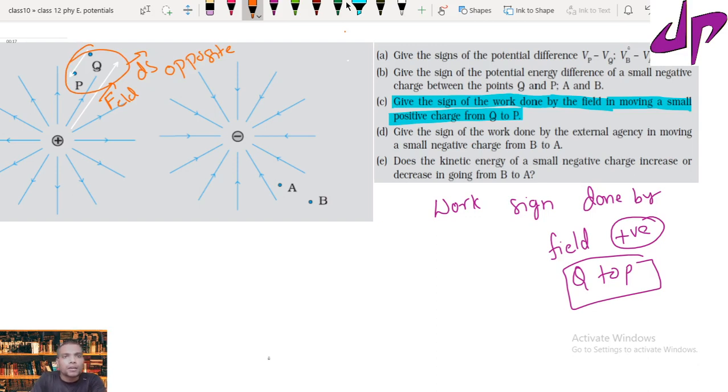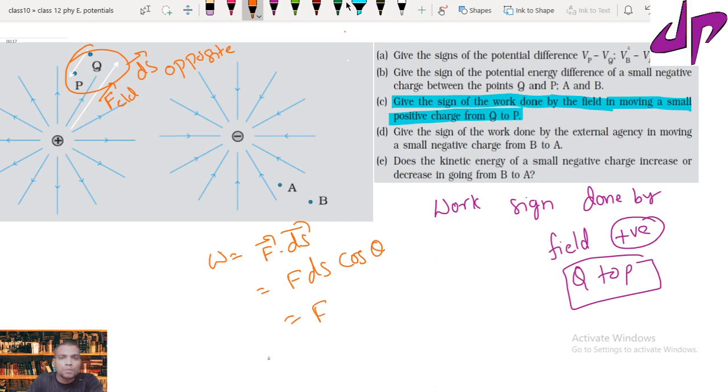If we calculate the work, we know the work formula, the product of force times displacement, F ds cos theta, where theta is the angle between them.